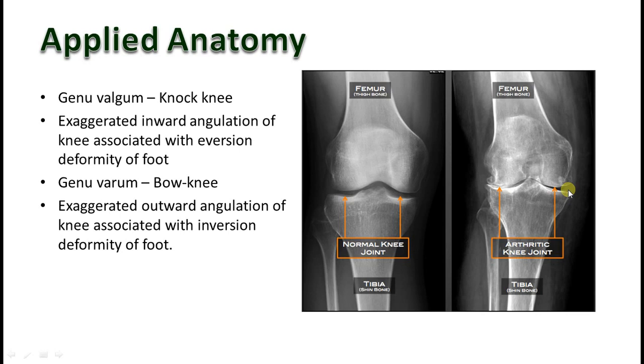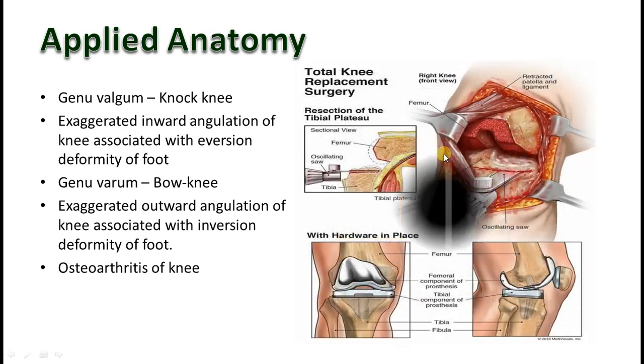So it might be due to so many reasons. Osteoarthritis is most commonly age related. Other types also affect the knee joint, like rheumatoid arthritis affects the knee joint. So osteoarthritis of knee, in very severe cases where no movement is possible, what is suggested is total knee replacement.